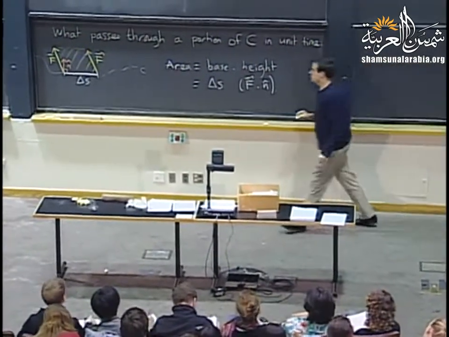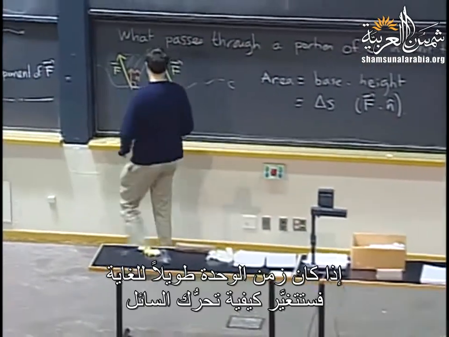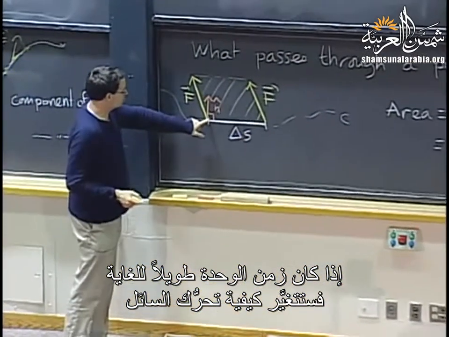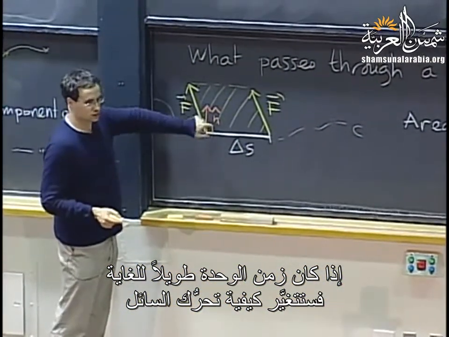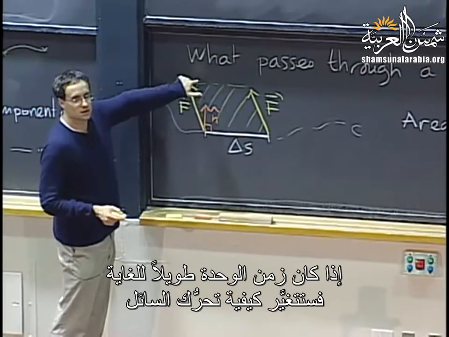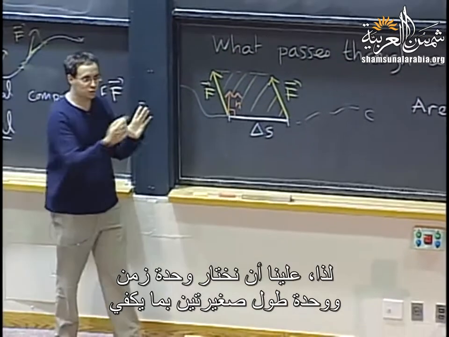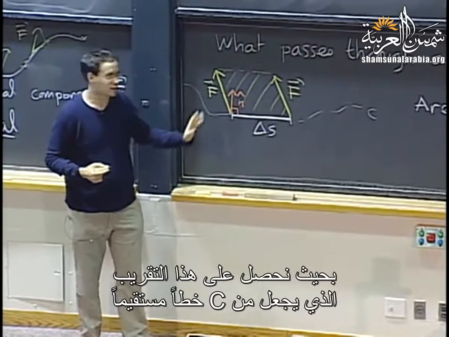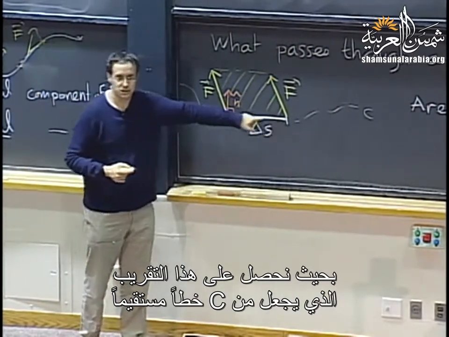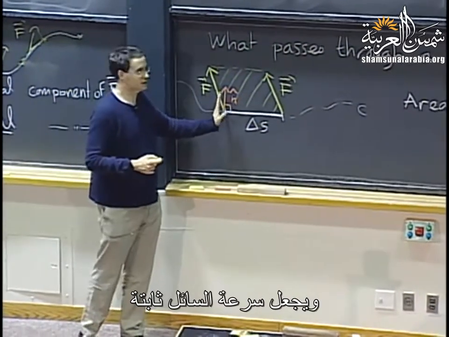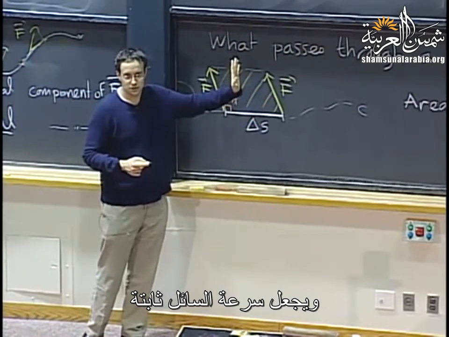Now, if you're worried that if your unit time is too long, things might start changing as the fluid flows, then you have to take a time unit and a length unit that are sufficiently small so that this approximation, where C is a straight line and the flow is at constant speed, is valid.